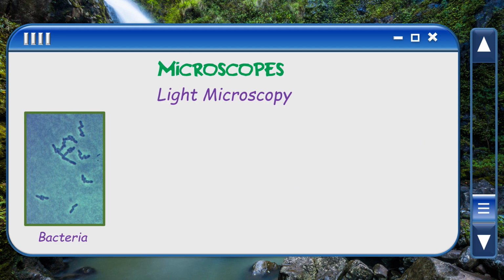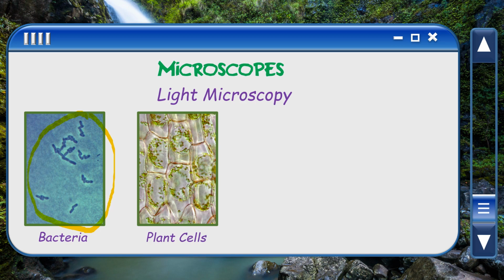If you look at bacteria using a light microscope, you will see them with a lower resolution. You cannot separate one bacterium from another, but you will see them. Because of the low resolution and low magnification, we are not going to see those points separated. When you look at a plant cell, we shall see the cell, but we shall not see the organelles very clearly inside.